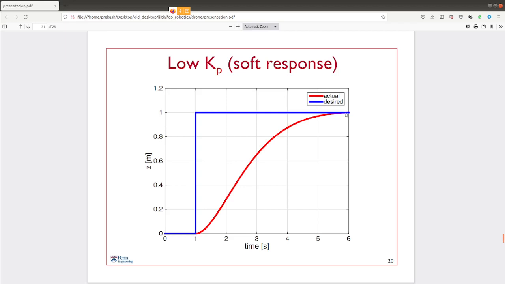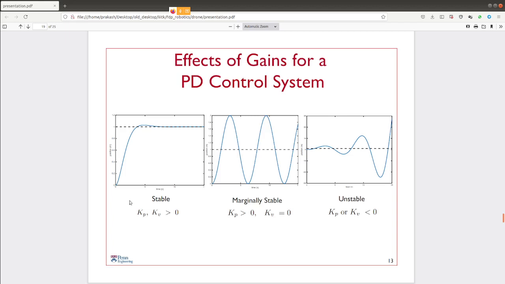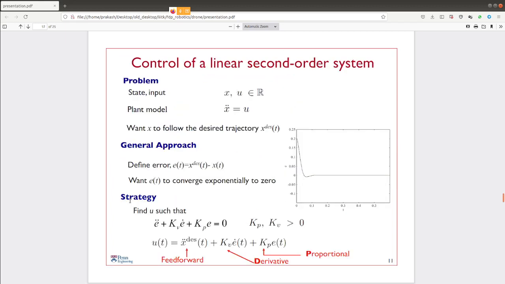So now what we have to do is, we have the freedom that we can choose Kp and Kv values such that the system will be critically damped. If it's critically damped, then it will go from here to here very quickly. Maybe at this moment it would be nice to ask the question: what could be the relation between Kv and Kp in order to achieve critical damping?